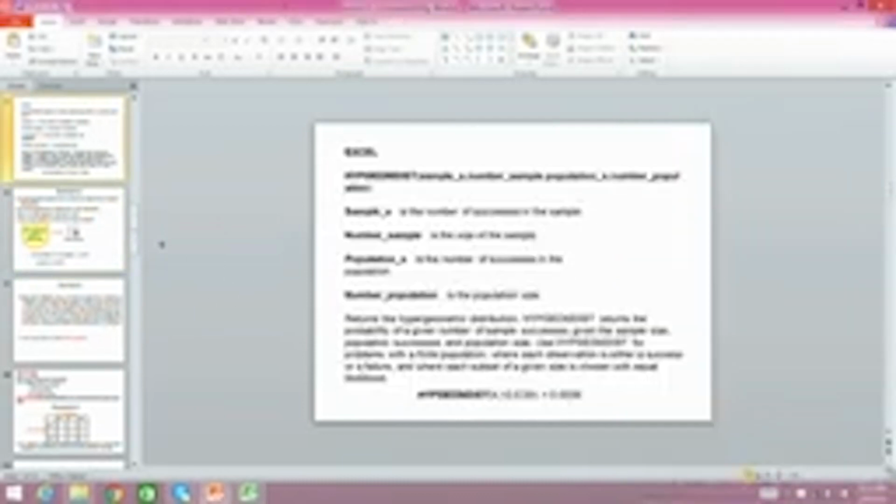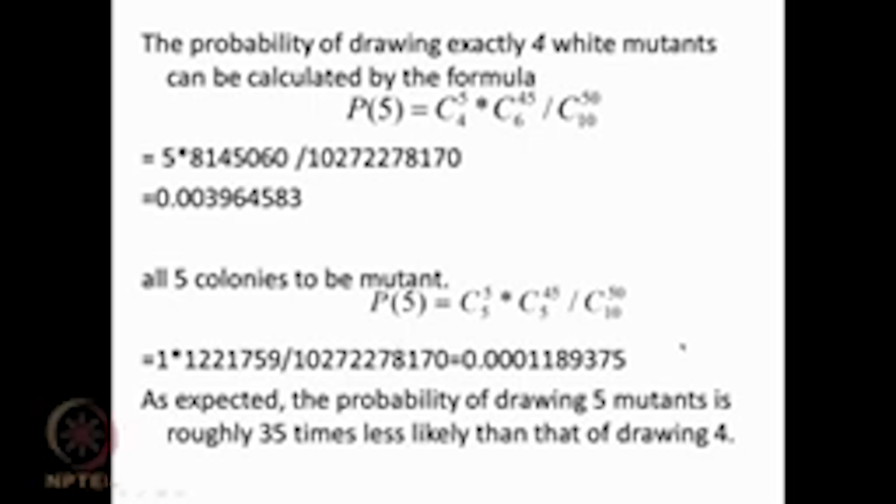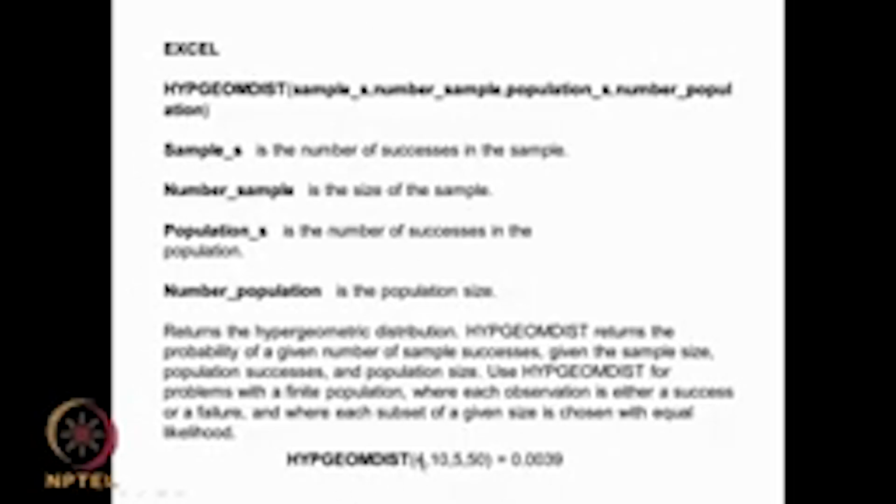So, we can use Excel also to do the same thing. It is quite simple with Excel. As you can see here, we give the number of successes in a sample, this is the maximum number of successes possible, and this is the population number.